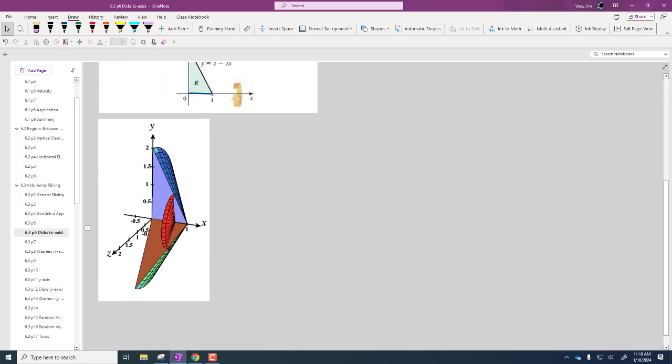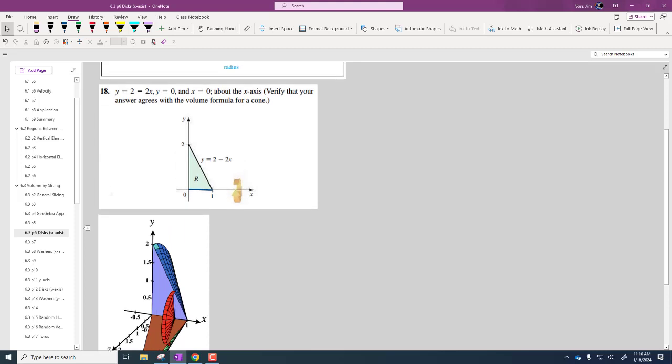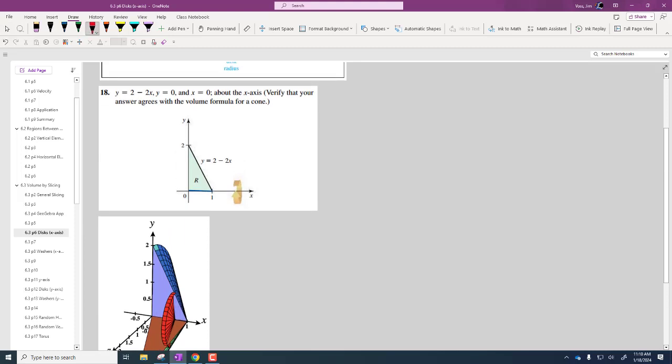You can see a cross-sectional disk, and I opened it up so you can see what it looks like inside the cone with that one cross-sectional disk. That red disk down there is from that vertical element. Okay, so this is the vertical element at x. Vertical elements you can always locate at x, horizontal you can always locate at y.